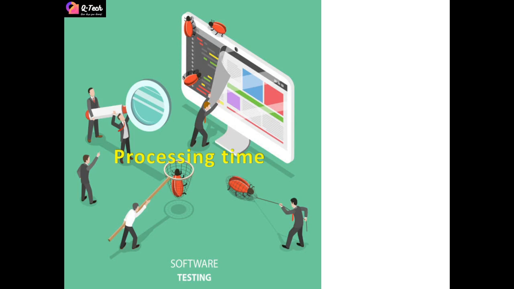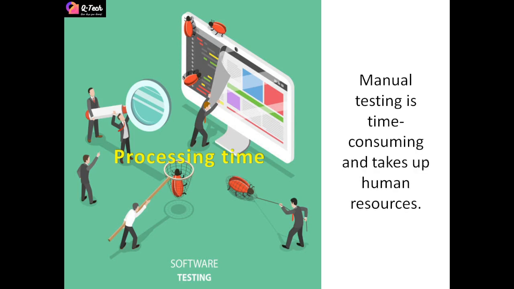In manual testing, the processing time is more, and manual testing is generally time consuming and takes more human resources. Means if you want to test some software or application using manual testing, then you may need 3 to 5 manual testers to test that application or software.